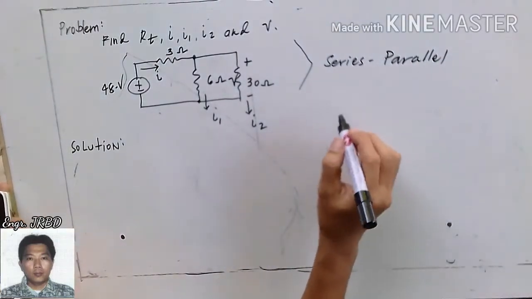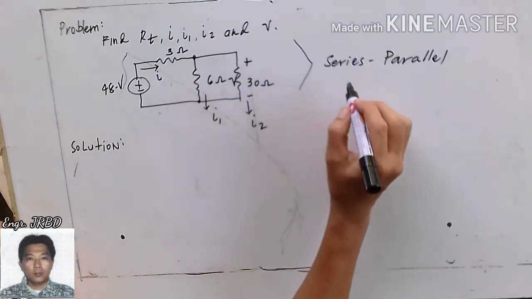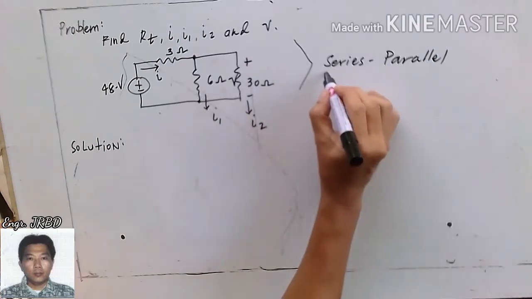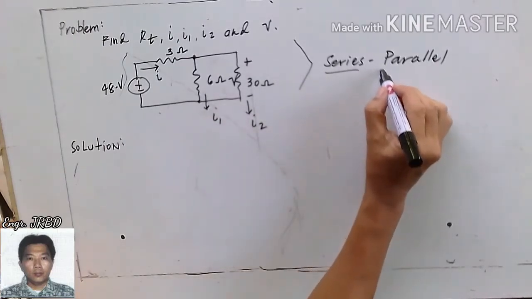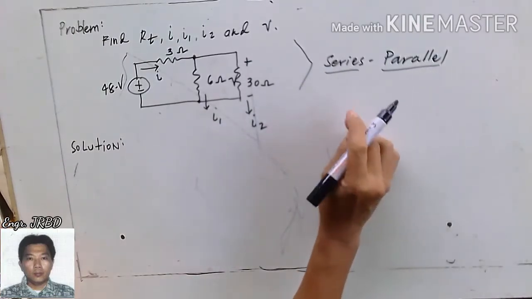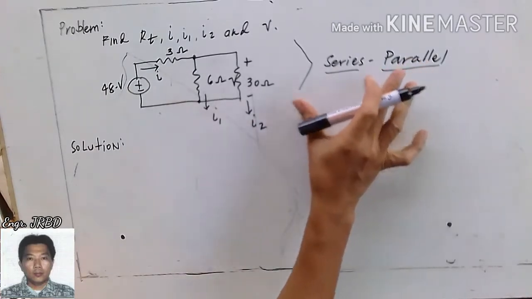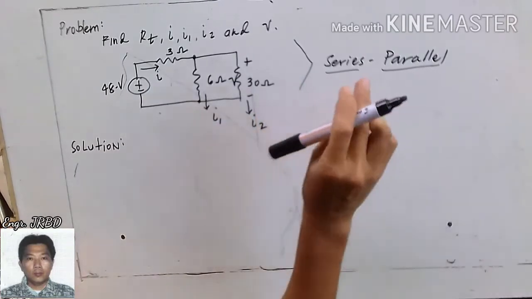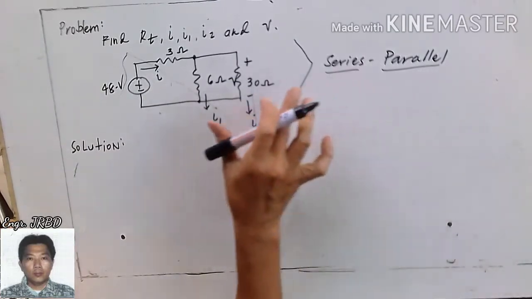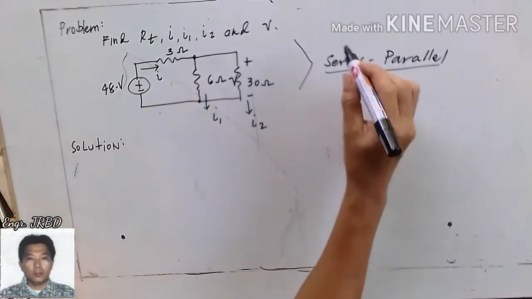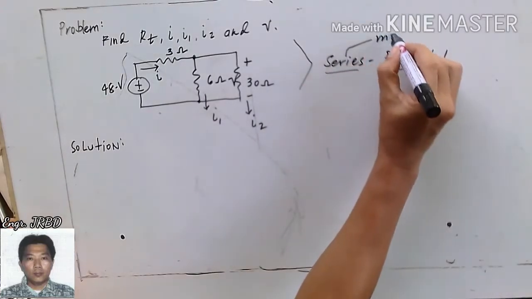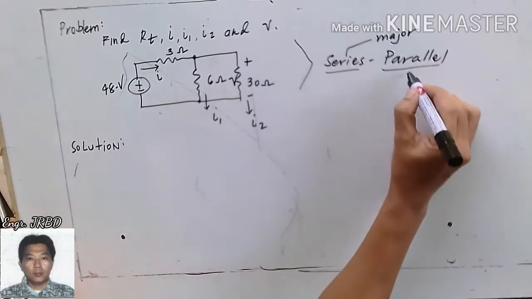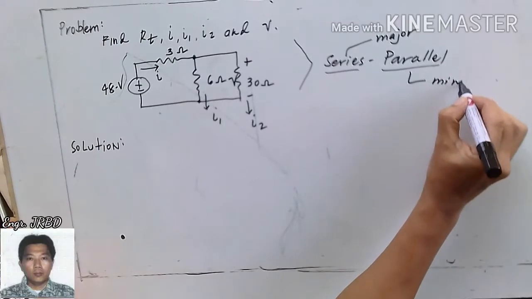For those of you who are asking, paano mo malalaman na ang unang connection ay series at ang pangalawa ay parallel? Because dalawa lang ang pwede nitong pagbagsakan. If it is not series parallel, it is in parallel series.